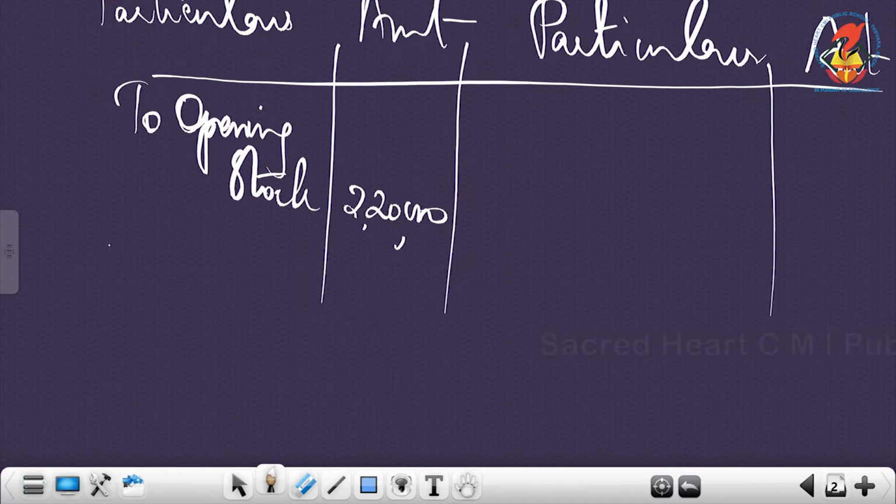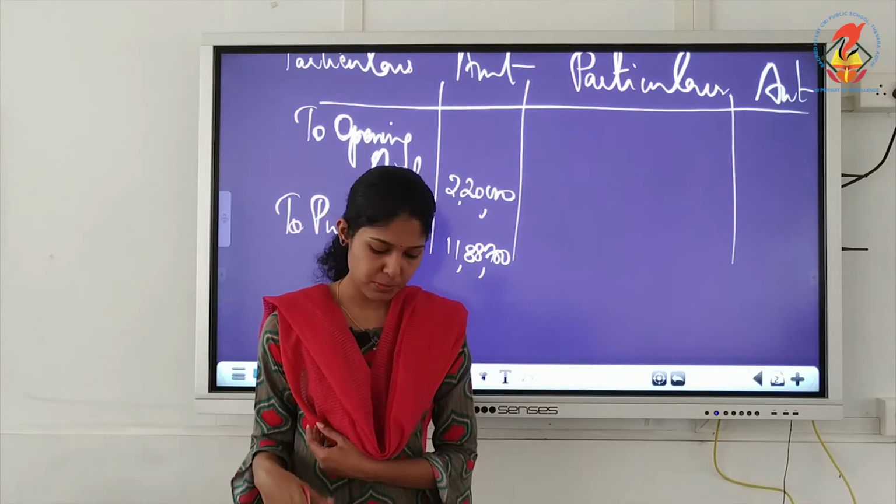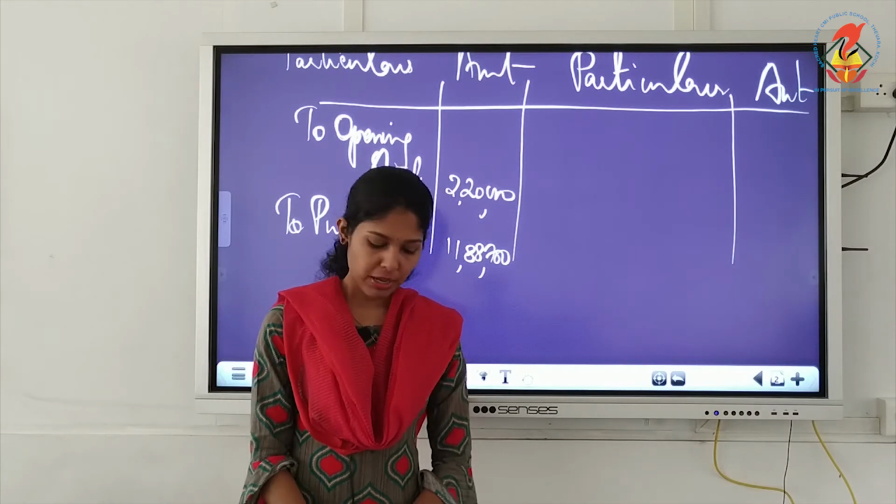Then to purchases, always you have to see whether you have any purchases returns. Here we don't have any purchases returns, so directly you can write that purchases figure in the outer column. So it is 11,88,700. Okay, then on the debit side, see whether you have any direct expenses in the question like wages or fuel, power and all.